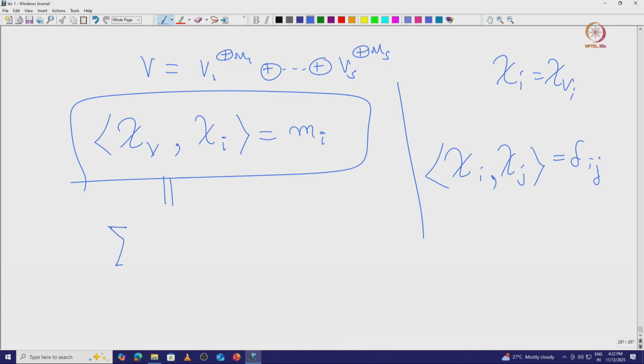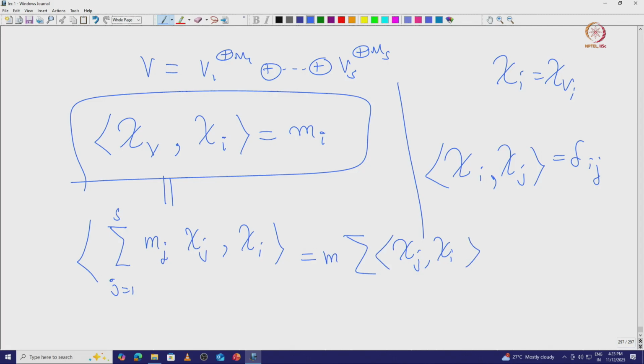Now if we compute the inner product of chi V and chi i, you can see that this is exactly equal to the summation of Mj chi j with chi i, but using the linearity in the first variable, this is equal to the summation of the inner products of chi j and chi i with coefficient Mj, j ranging from 1 to s. But now using the orthogonality relations, this is exactly given by Mi.